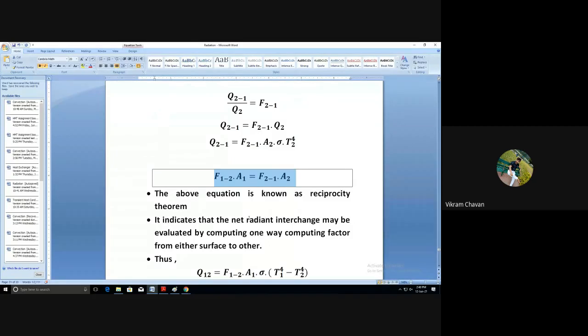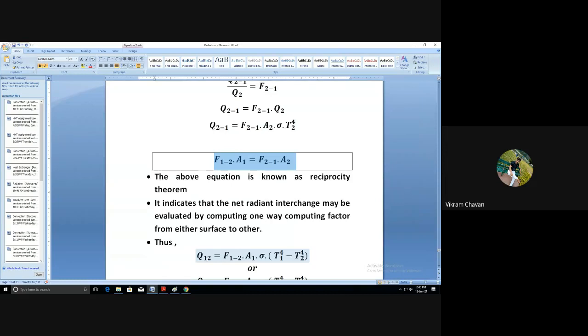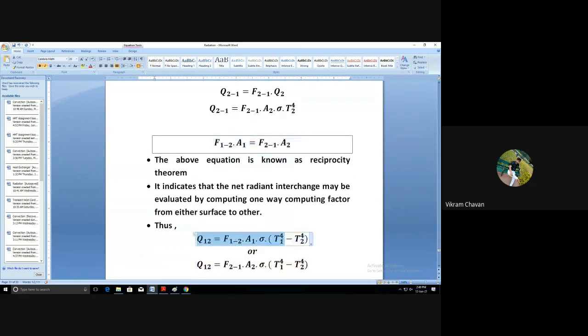So in that case, if you have only one shape factor, that is nothing but F1→2 or F2→1, how do you determine the net exchange of heat between the two surfaces?